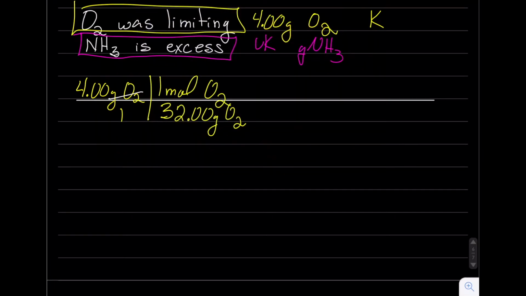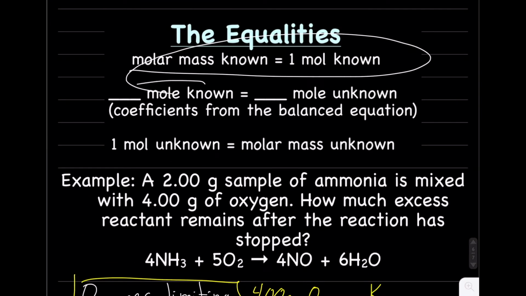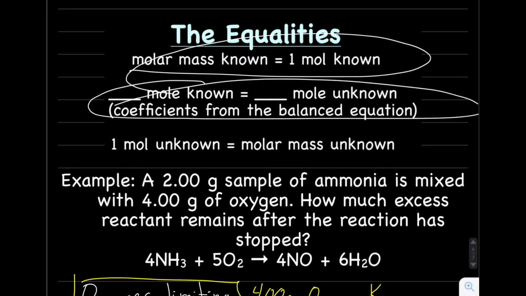Grams O2 crosses out grams O2. We're left at mole O2. We were looking for grams NH3, so we're not done yet. So we're at mole known, because O2 was our known. So which equality starts with mole known? The middle one here. Mole known equals mole unknown from the balanced equation.